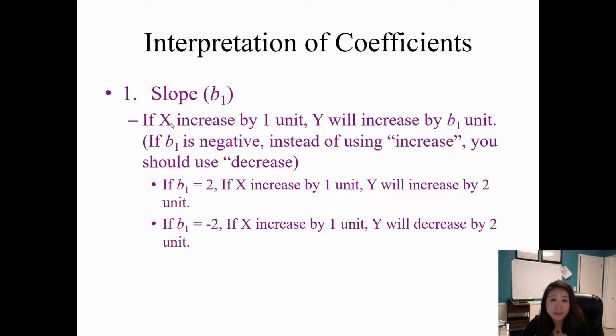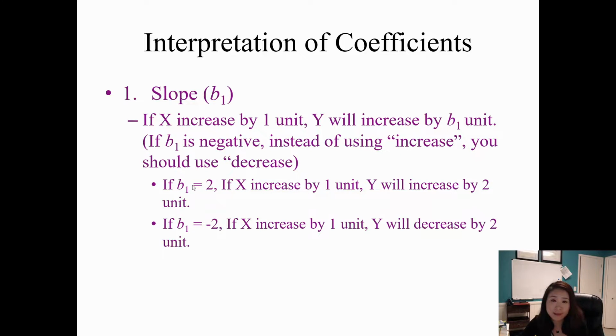B1 means if x increases by 1 unit, y will increase by B1 units. You always start from the x variable. Remember, x is called the independent variable, so it is not dependent on any y variable; it can move first. That's why we assume it moves by 1 unit. In response to this 1 unit move of x, y will move by B1 units. However, if B1 is a negative value, you should change the increase to a decrease.